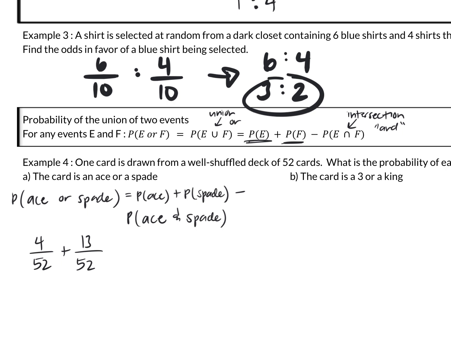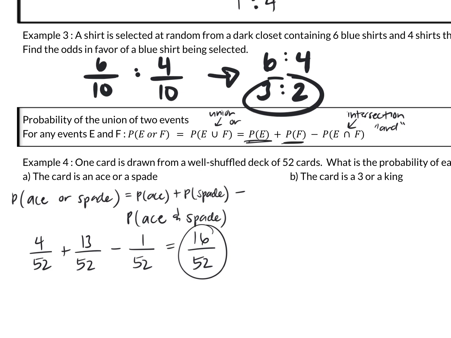How many ace of spades are there in a deck of cards? Just 1. So I'm going to subtract 1 over 52. Add these together, simplify it. I get 16 over 52. You could simplify that if you like. You can also just leave it like that as your answer. So that's the probability of choosing an ace or a spade out of a deck of cards.